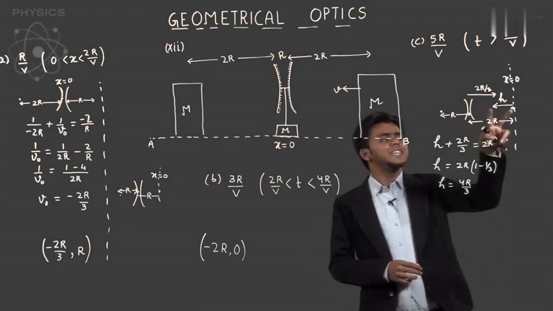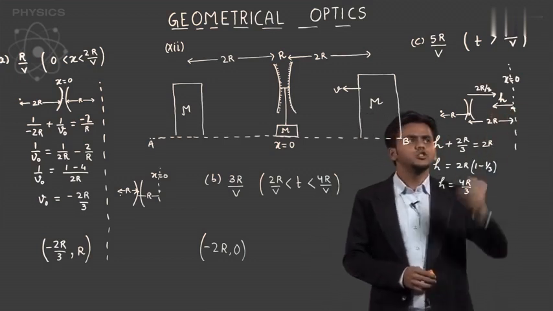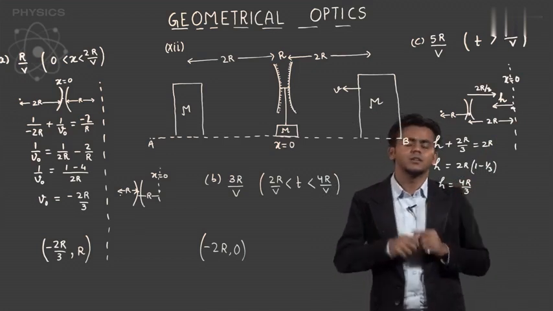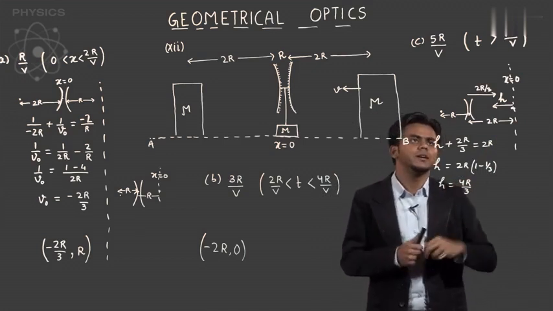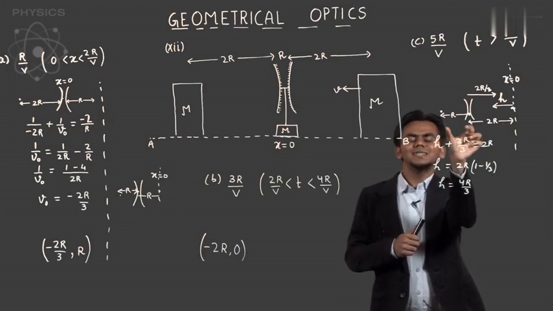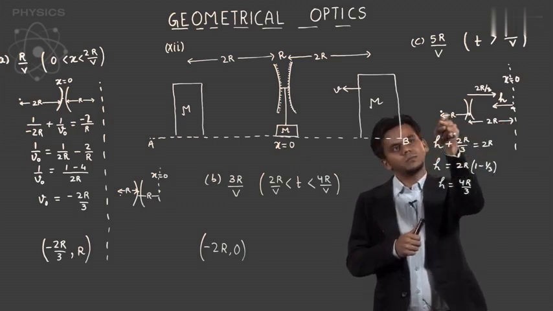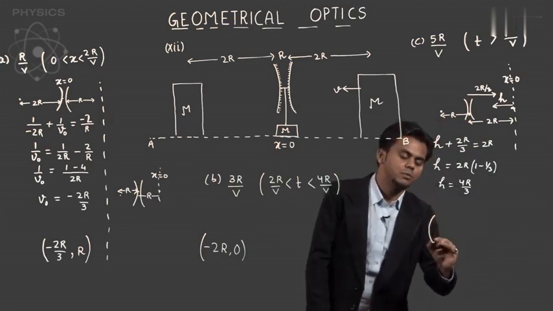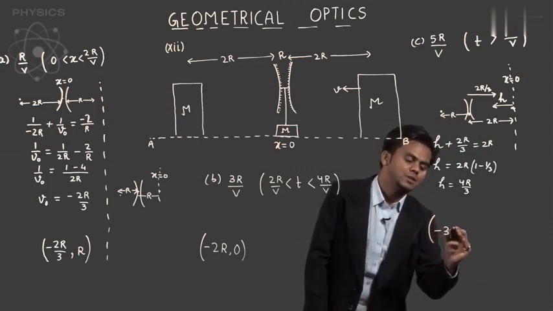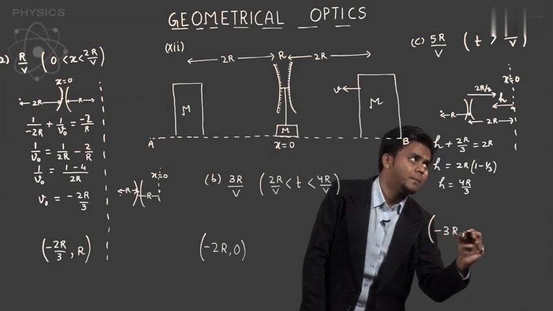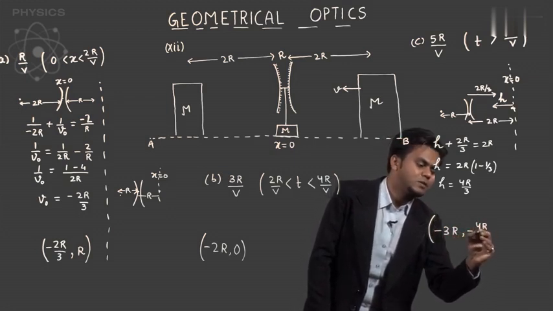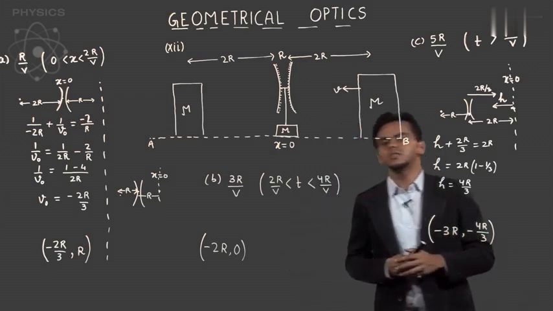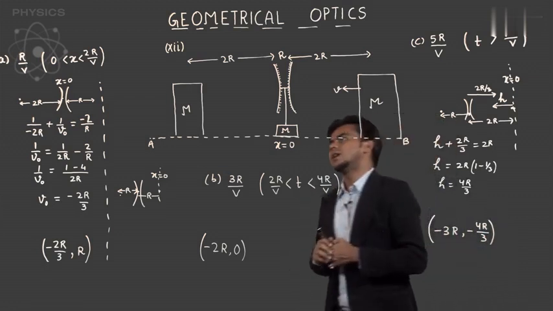Now this h measurement is in the negative direction. So this is minus 4r by 3, for the sign convention in terms of x coordinate. And this is 2r plus r, the image of this point which has moved further away. So my answer for this would be minus 3r, comma, minus 4r upon 3.